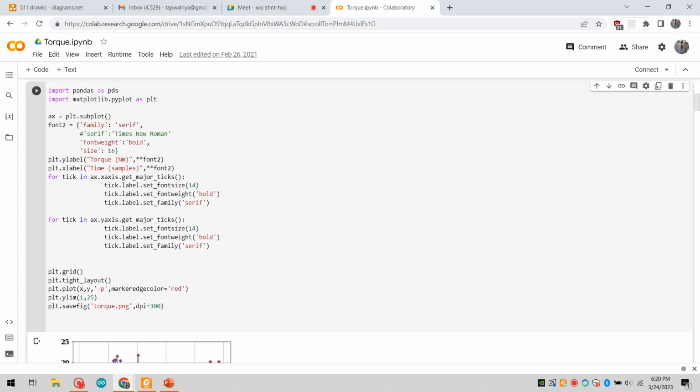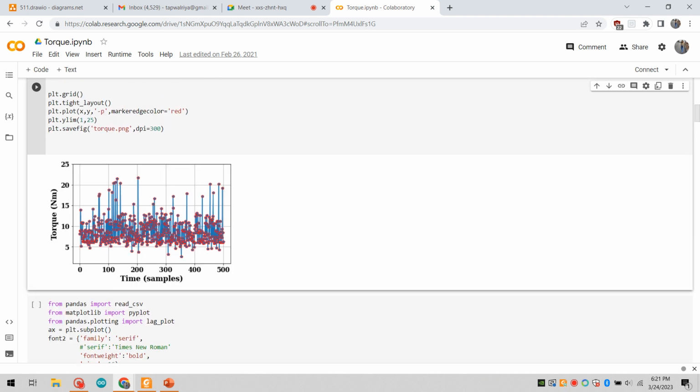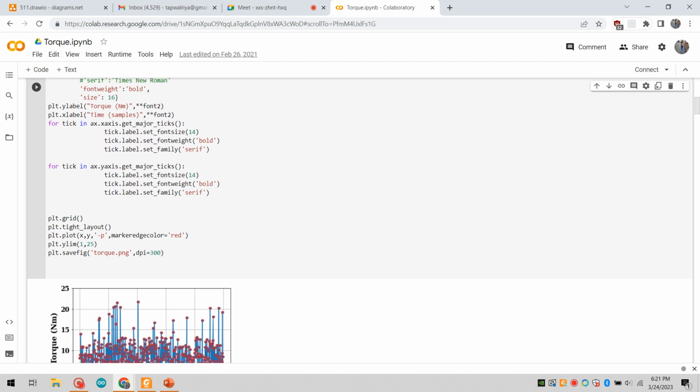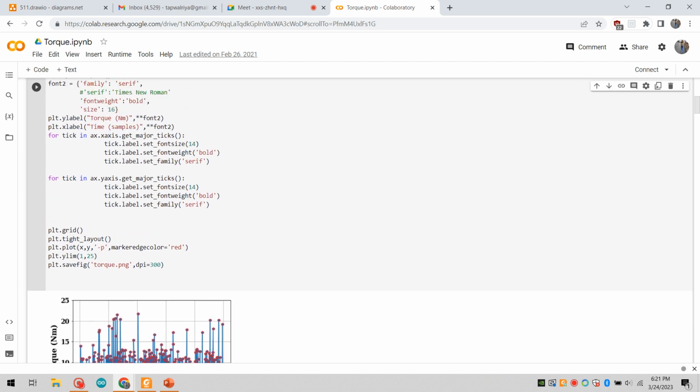For font 2, I have specified the family will be serif, the font weight will be bold, and size will be 16. Now the label of y will be torque, as you have seen that for the y-axis it's torque, and for the x-axis it's time, right?